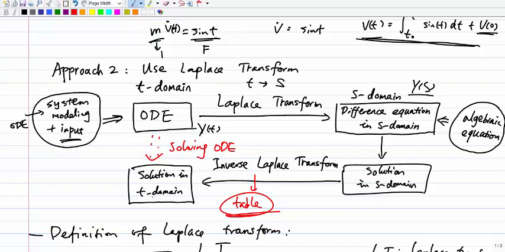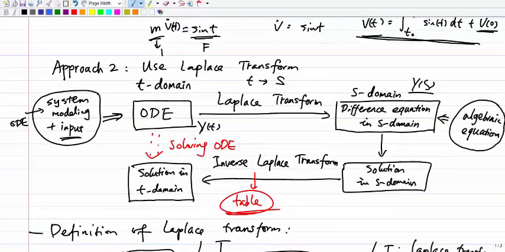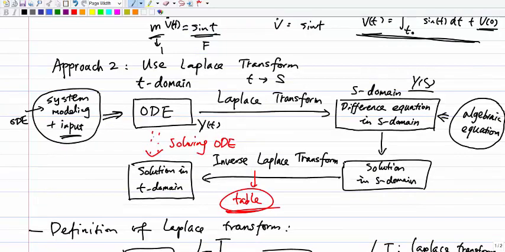So approach 1 is just directly solving for the solution in the time domain, without this step. The second approach changes to the s domain, solves in the s domain, and then goes back through the inverse to the time domain. It looks complicated, but in many cases it can simplify the computation.